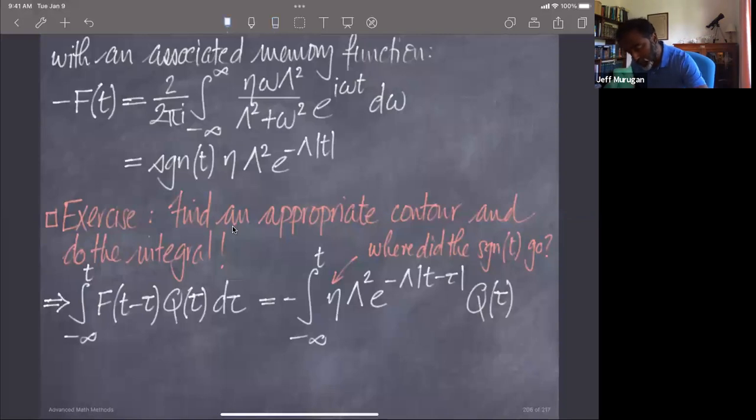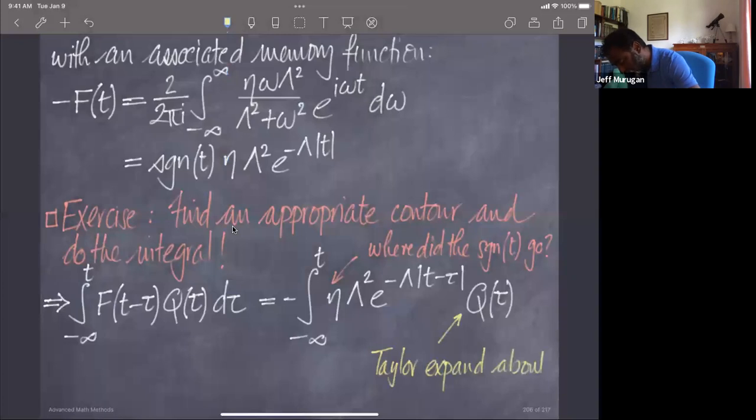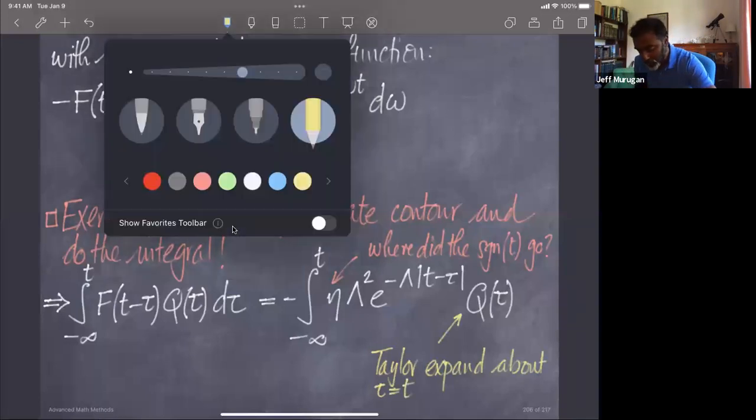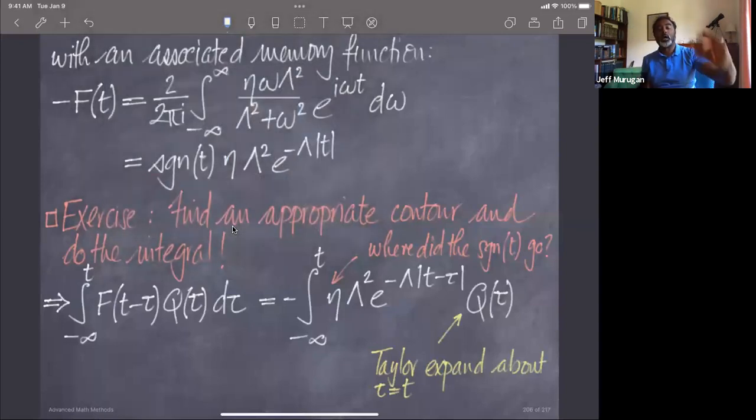So what we're going to do here is make a Taylor expansion about tau equal to t, and then I'll be able to do the integral term by term.